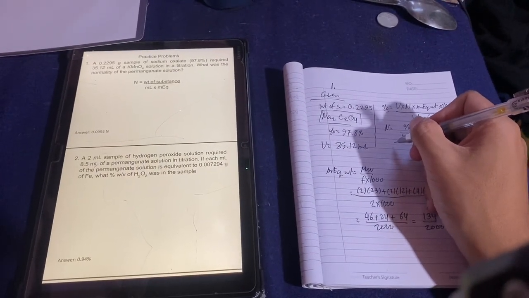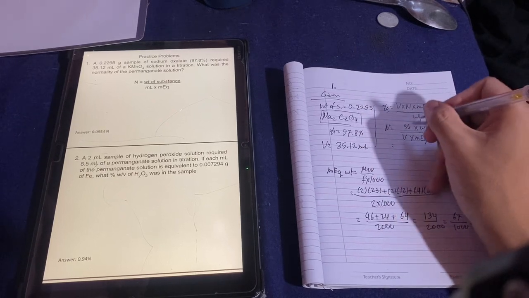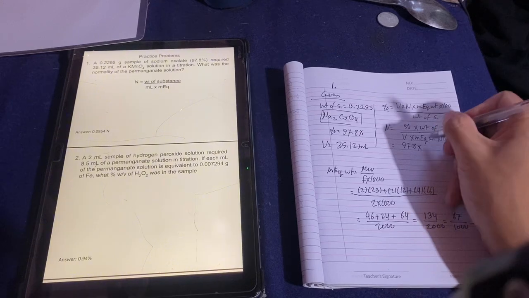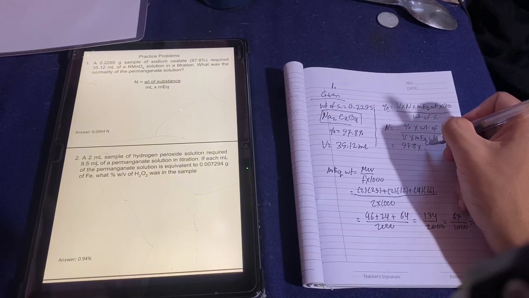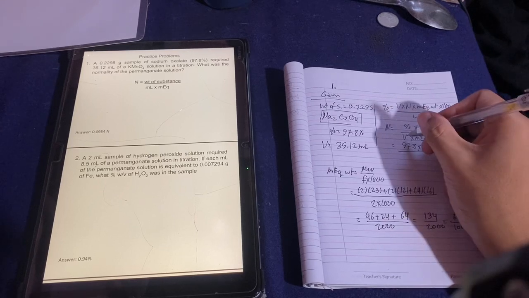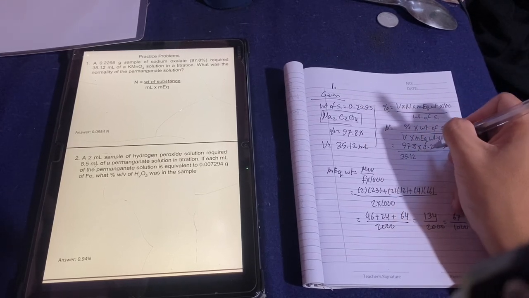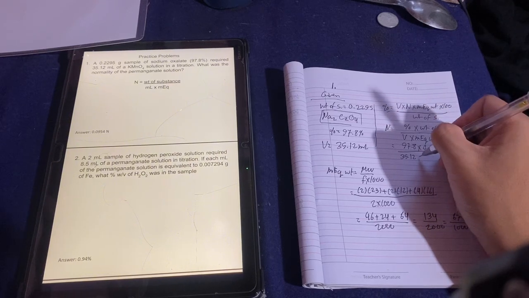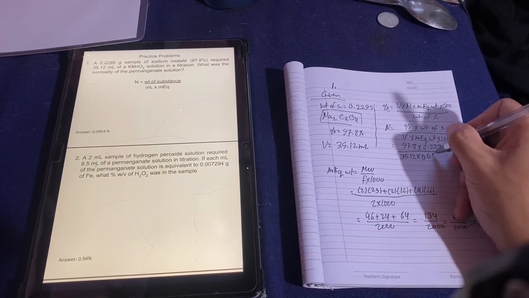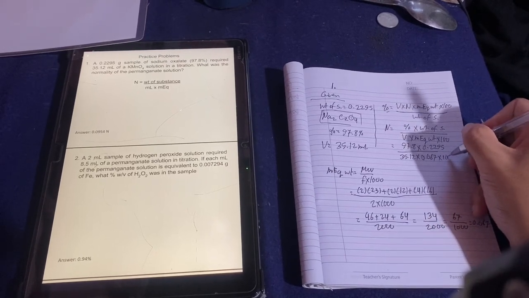So we will solve for the normality by substituting the values. The percentage is 97.8, times the weight of substance, which is 0.2295, over the volume, which is 35.12, times the milliequivalent weight, which is 0.067, then times 100.